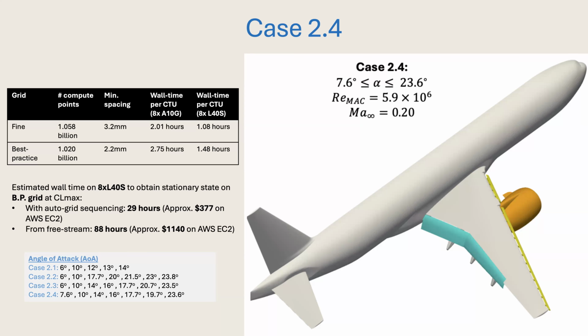And with the fine grid, that was around $800 or less than that. So with the auto sequencing, that means you start with a coarse grid, you get rid of the numerical transient, and then refine your grid to second level and third level. And then you end up running the fine grid for a much, much smaller amount of time, like you need the averaging. That takes 29 hours, and the approximate cost of it is $377.